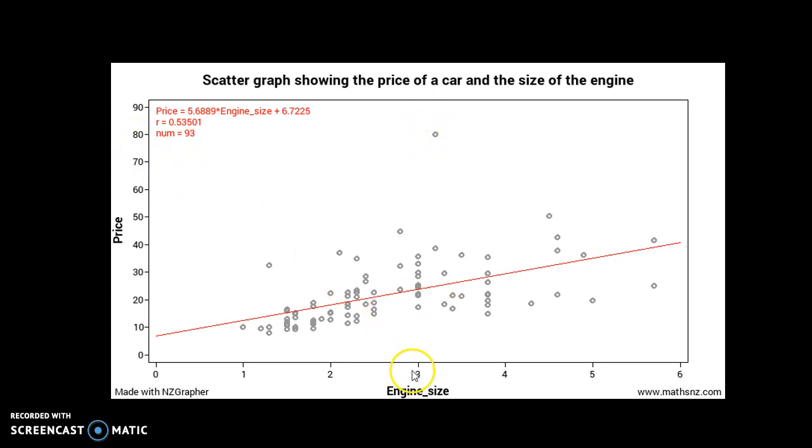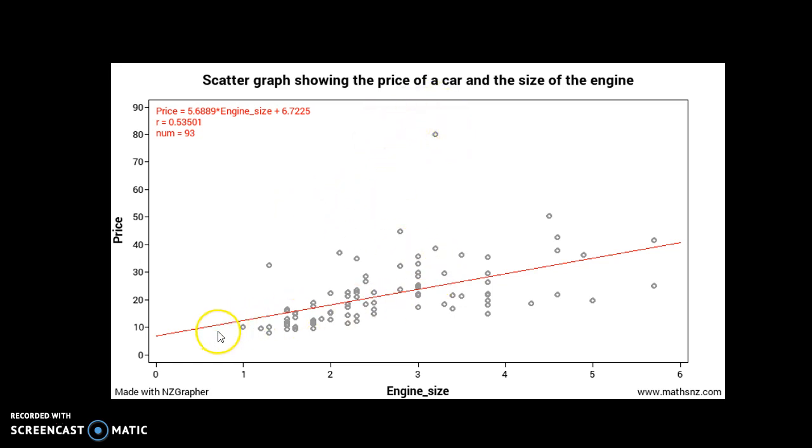So that one car, the engine size, this would be in litres, just over 3 litres. And that cost, I'd imagine this is in hundreds of thousands of dollars. That was a BMW. I just looked it up. Didn't even look that spectacular.